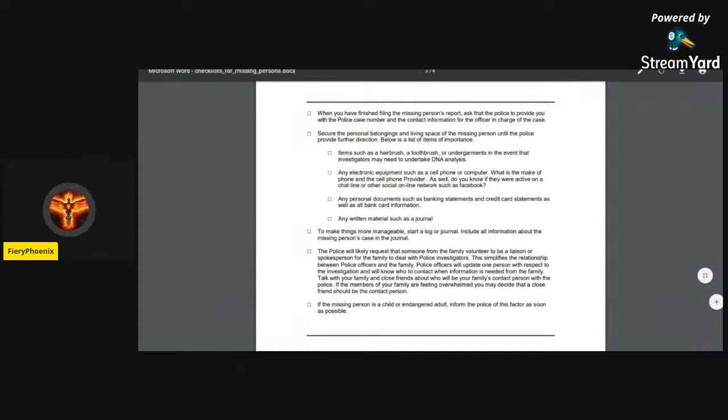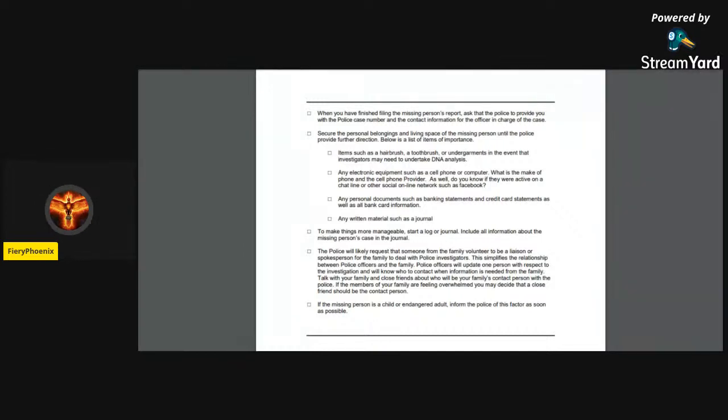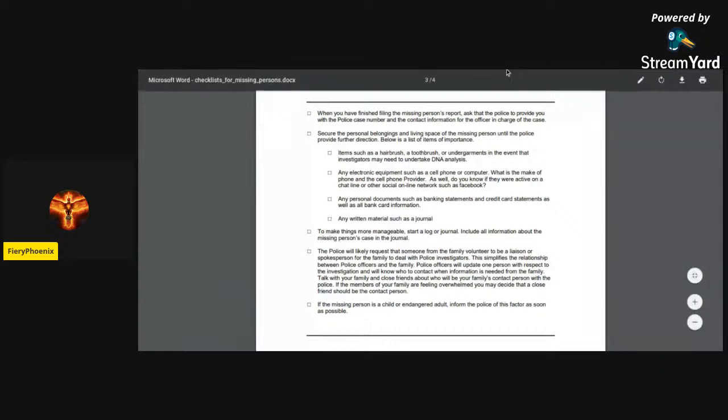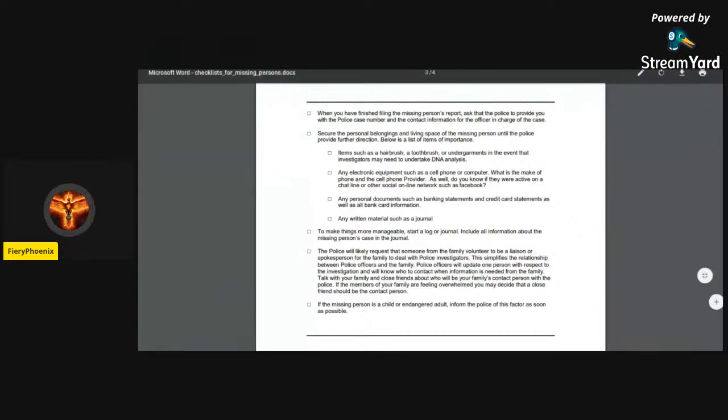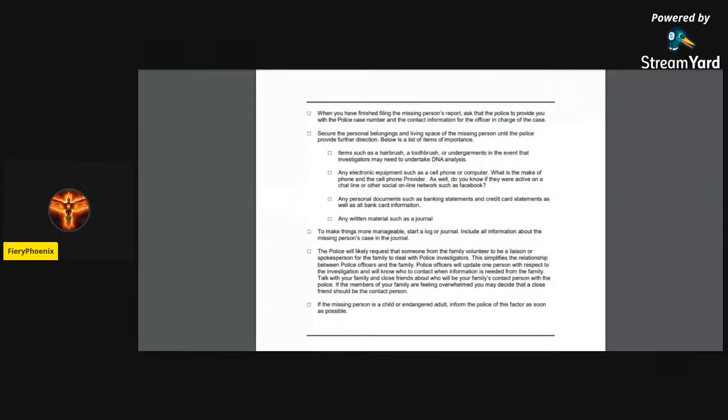The police will likely request that someone from the family volunteer to be a liaison or spokesperson for the family to deal with police investigators. I can see that a lot on the news. If someone comes up missing, someone speaks for the family. I've seen that on the news several times. This simplifies the relationship between the police officers and the family.